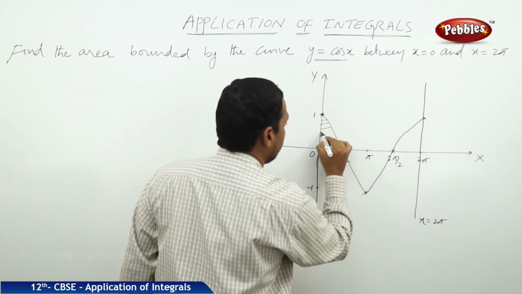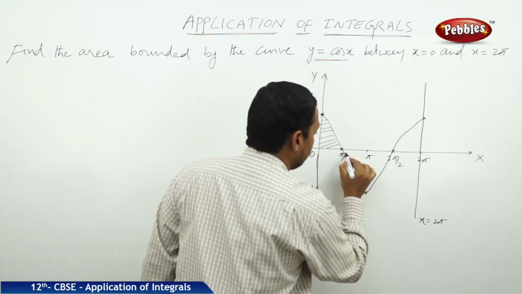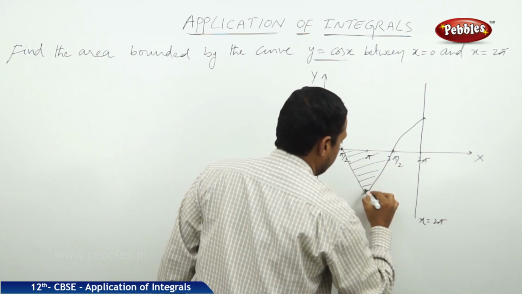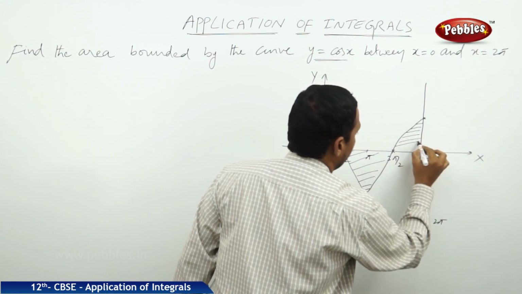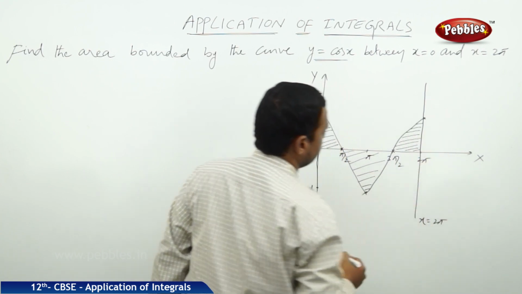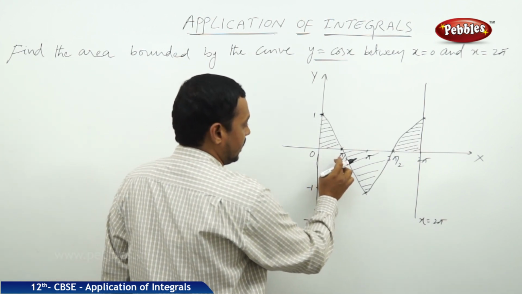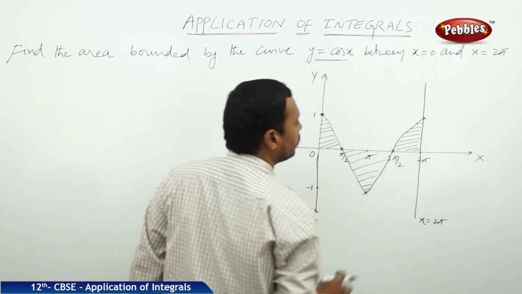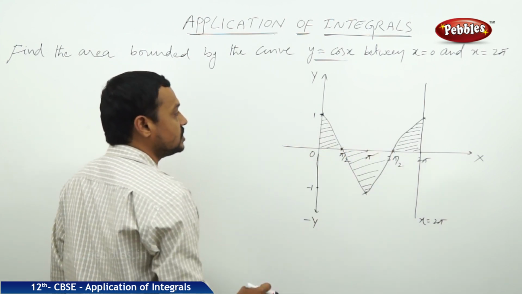Now this is the area bounded by the curve, and this one, and also this one, so that there are three regions. One is from 0 to pi by 2, another one is pi by 2 to 3 pi by 2, and the third one is from 3 pi by 2 to 2 pi. Now we have to find the areas of the three regions.